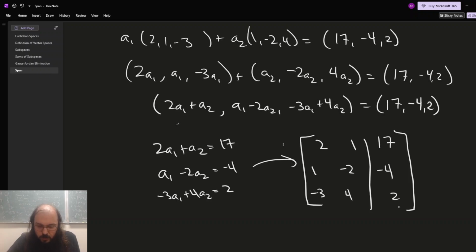Now, one comment I want to make as I'm going through this is that those of you who are super familiar with this already, or have seen Gauss-Jordan before, know that when I have more equations than I have variables, we don't expect there to be any solutions. And that's very reasonable.